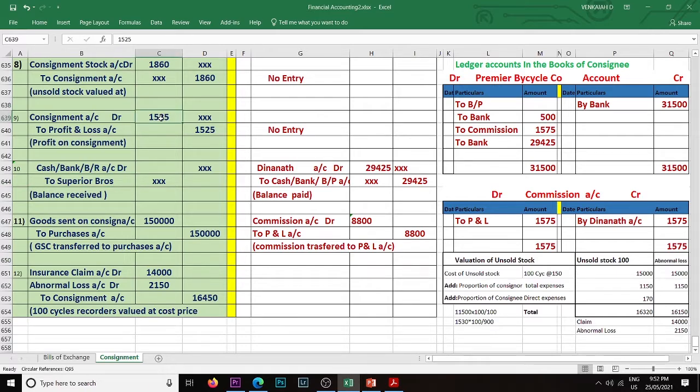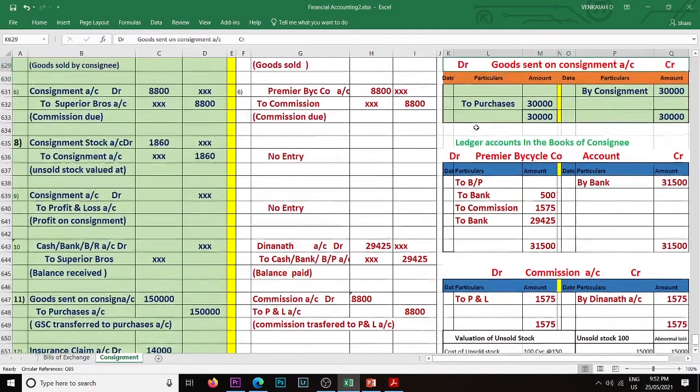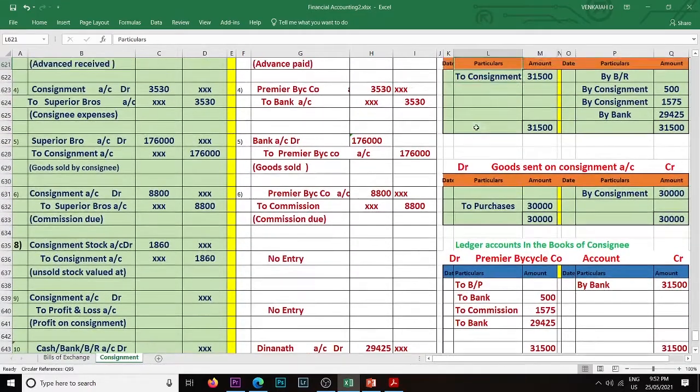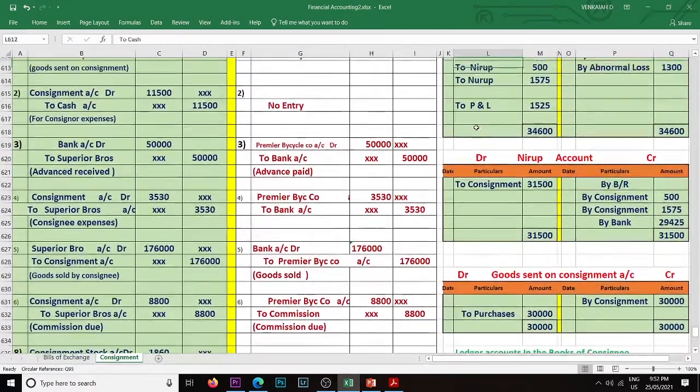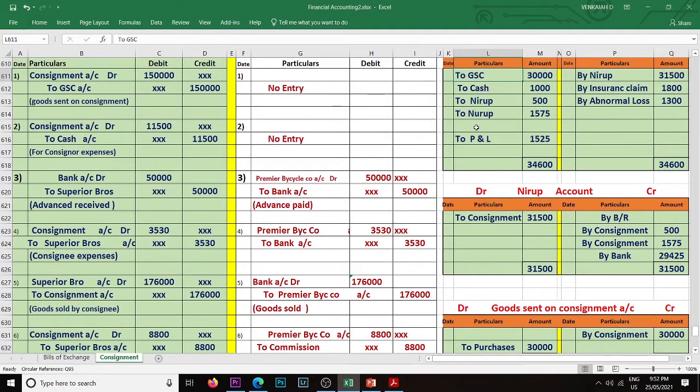Now we will prepare the consignment account, and we will find the profit. Students, keep journal entries in front of you and observe the posting, how I am posting. Goods sent on consignment as per the first entry to consignment account, goods sent on consignment 1,50,000.